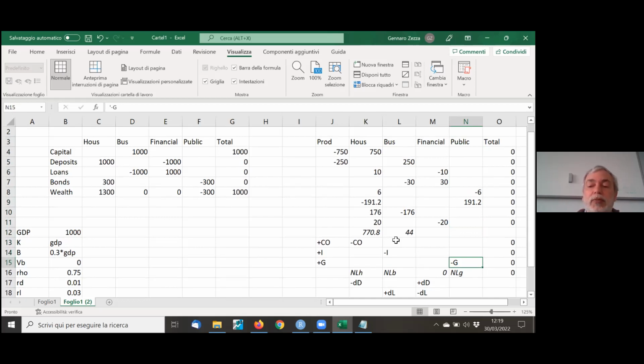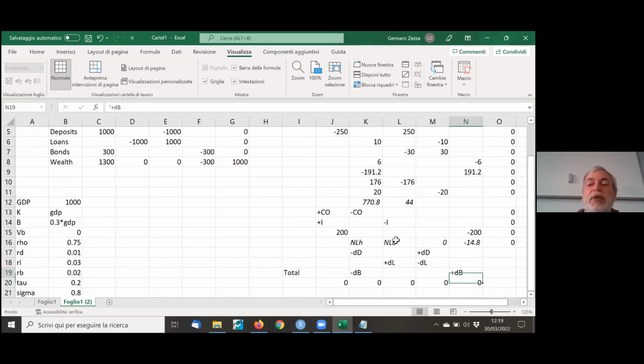So if we put this at 200, this should be reasonable. And here, this will be the sum of all these elements. So its borrowing is 14, and this will be the change in the stock of bonds. And this has to be the change in the stock of bonds of the households.